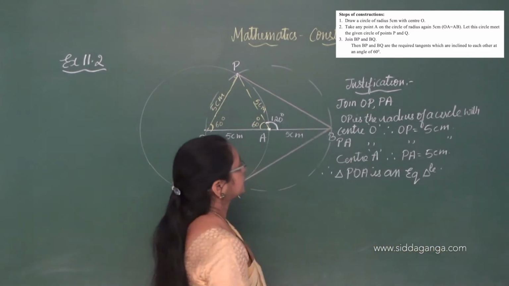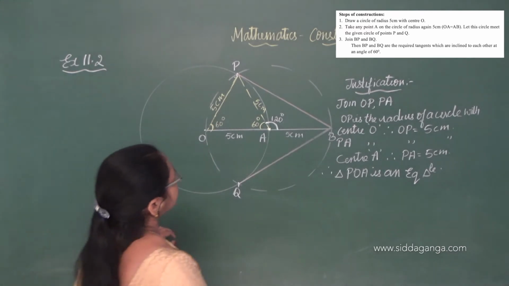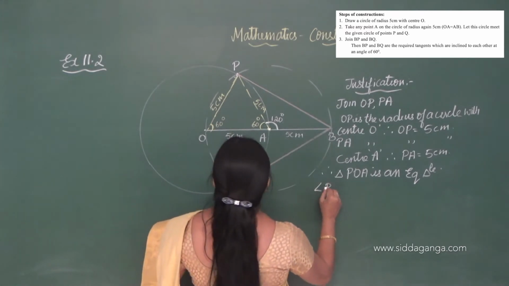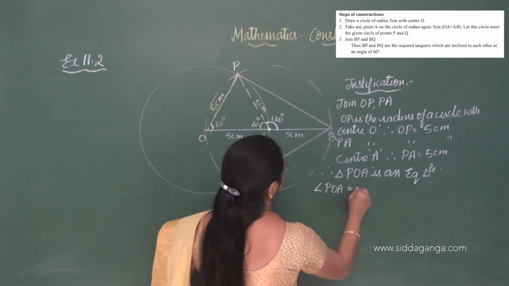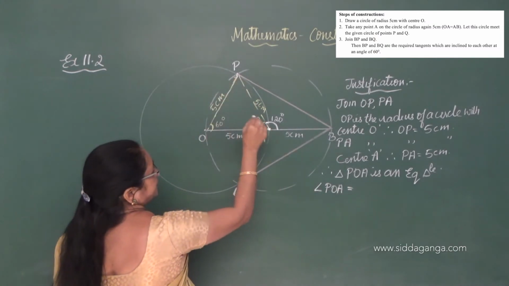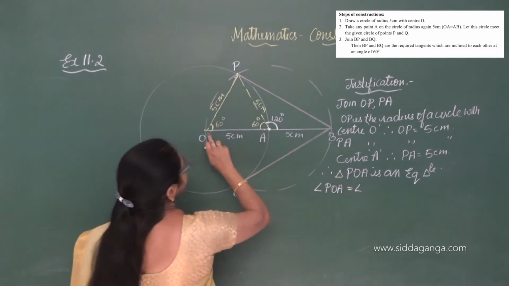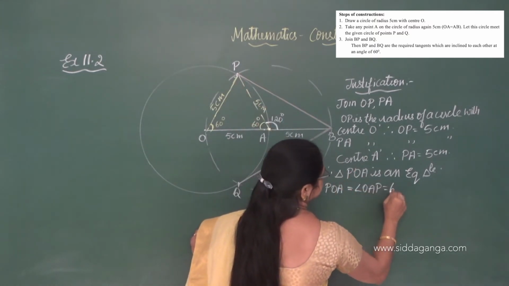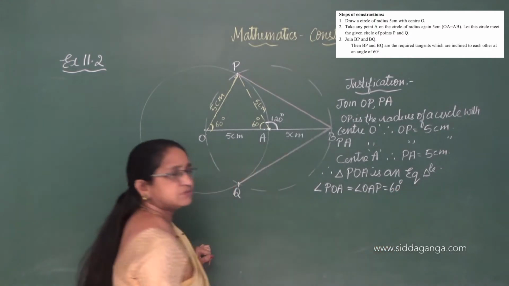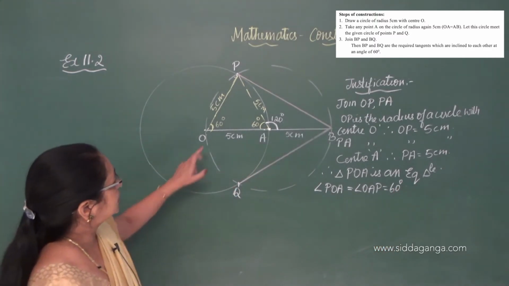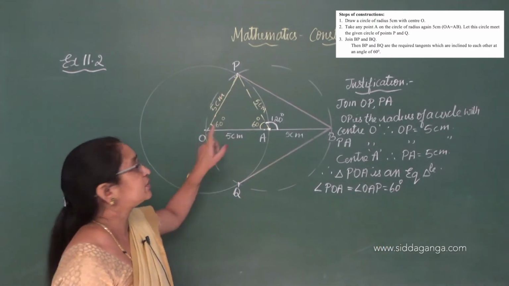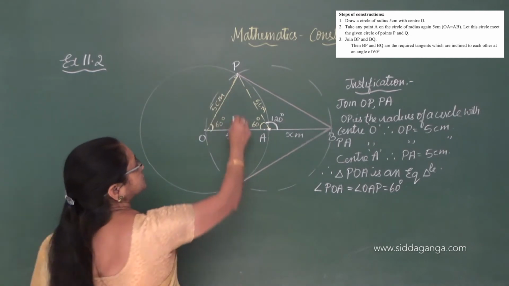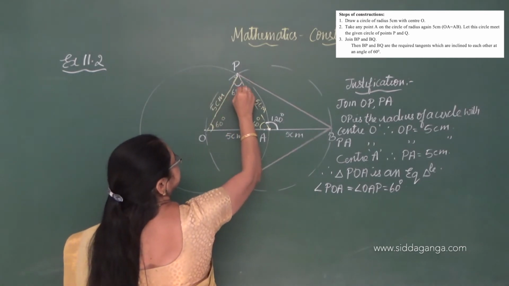Next, now, so angle POA is equal to angle OAP is equal to 60 degree, because you all know equilateral triangle has angle 60 degree. So all the three are 60 degree. So this is also 60 degree.